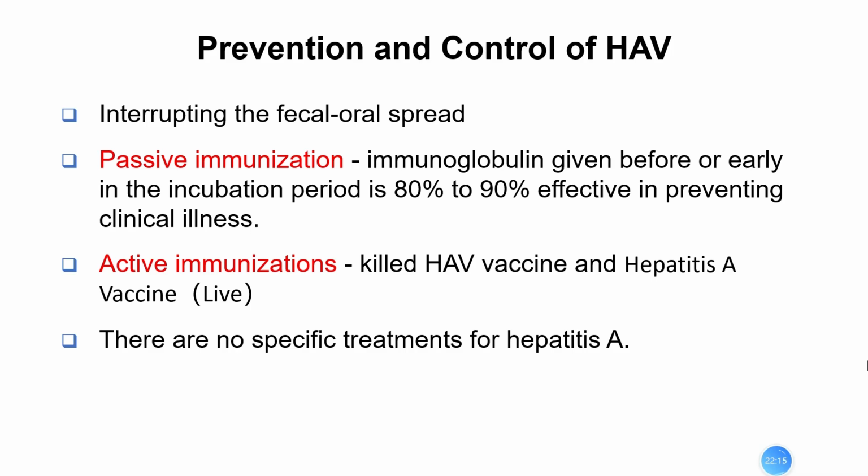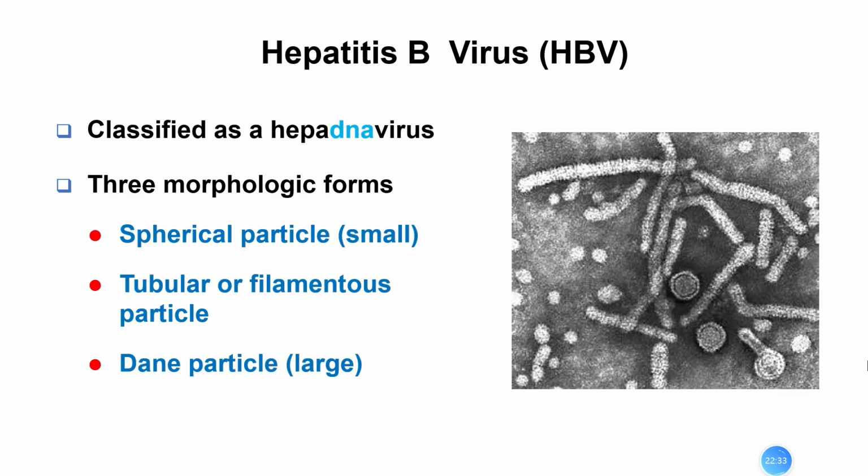And there are no specific treatments for hepatitis A. For those patients who are already infected, there is no specific medicine available, but you can support the patient to recover. So this is the first virus, HAV.